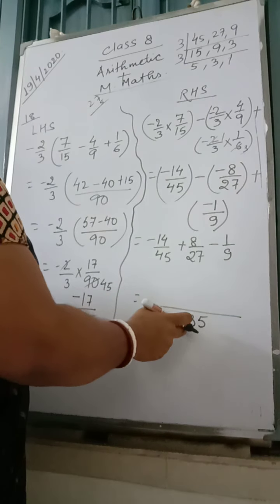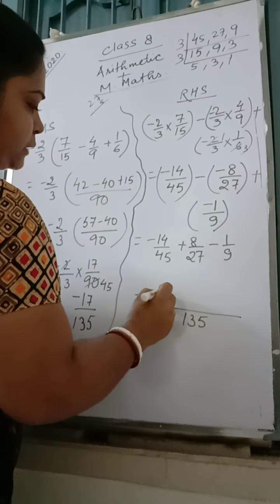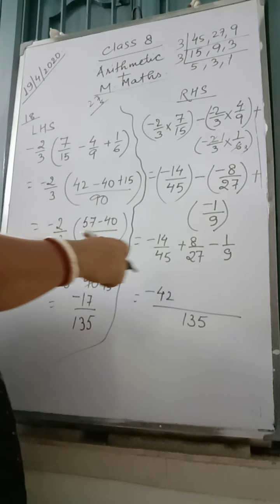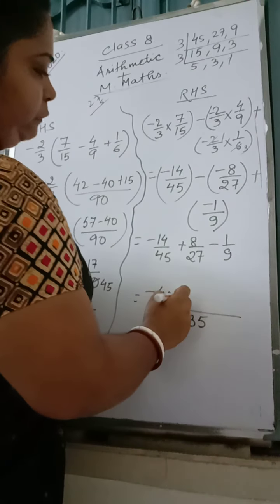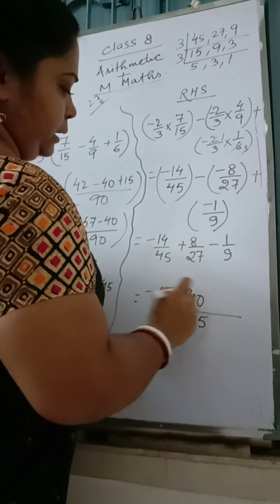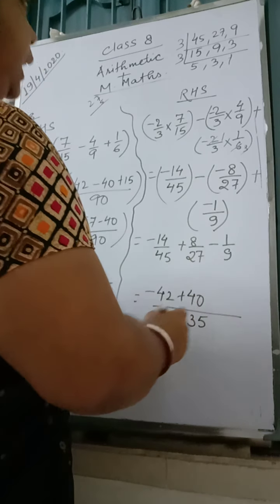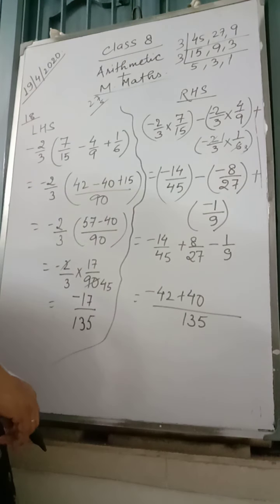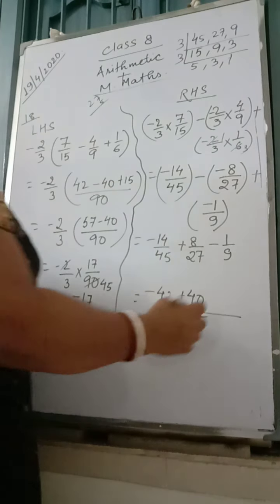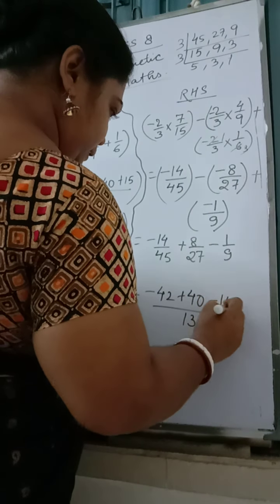Now 45 threes are 135, so this gives you minus 42. 27 fives are 135, so 8 fives are 40. And 9 fifteens are 135, so minus 15.